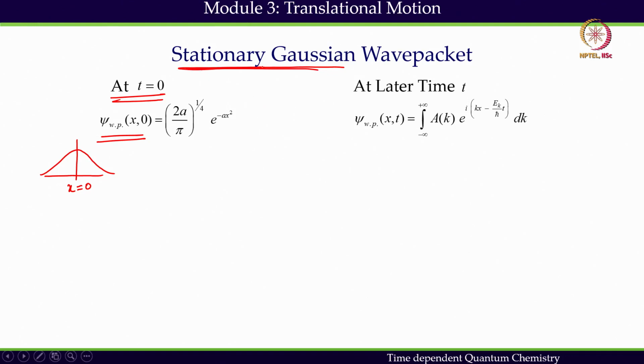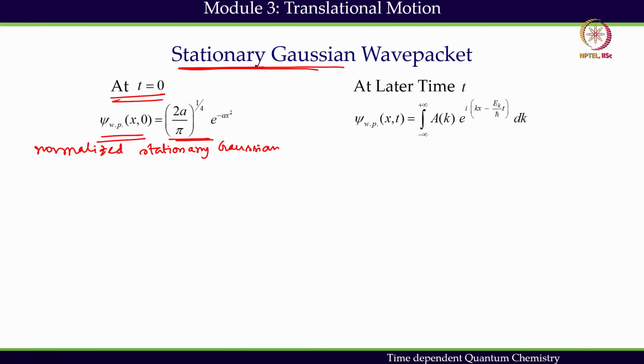It is a stationary Gaussian function because of that missing plane wave part. And we have taken a normalized Gaussian function, which is also a requirement. We have to always begin with a normalized function in quantum dynamics. So, this is called a normalized stationary Gaussian function.